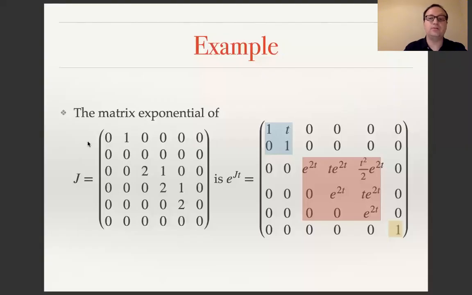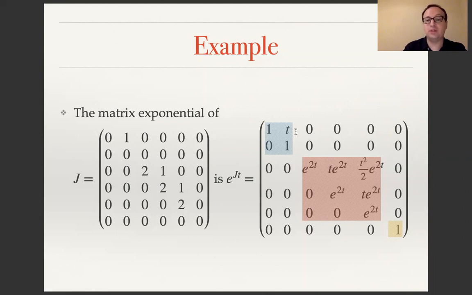So for example, for the Jordan matrix that I gave as an example earlier, that has a 2 by 2 block here in the upper left corner, so 0, 1, 0, 0, its exponential is 1, t, 0, 1, because the eigenvalue lambda here is 0, and e to the lambda t then is 1.